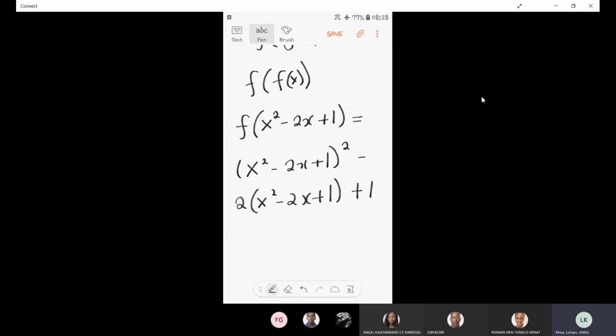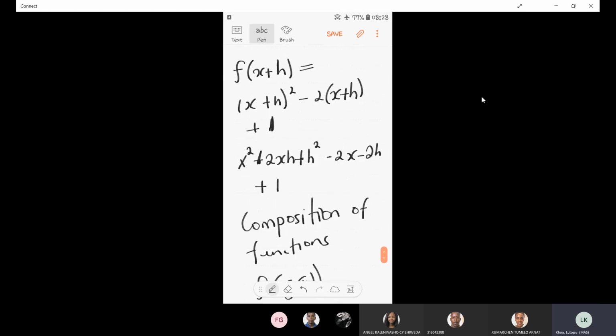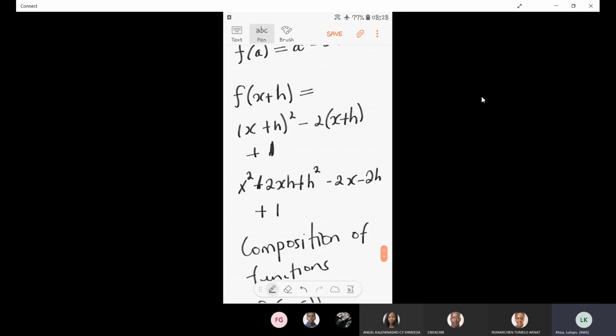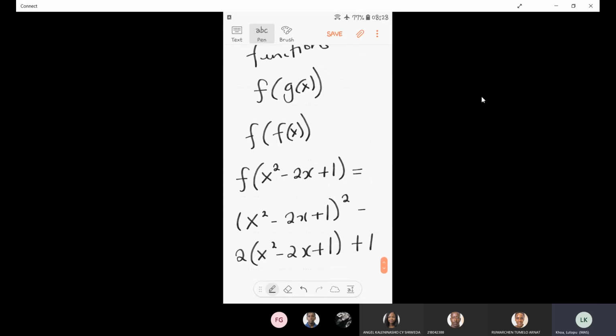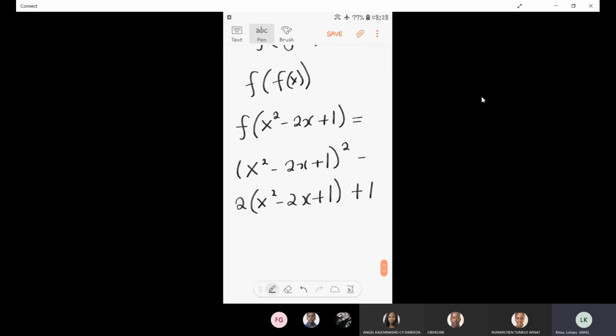And then you can simplify it. You know how to do that. So with functions, your input is not always restricted to be a number. It can be another variable, it can be an expression, or it can even be another function.